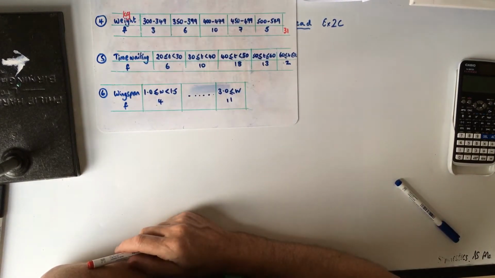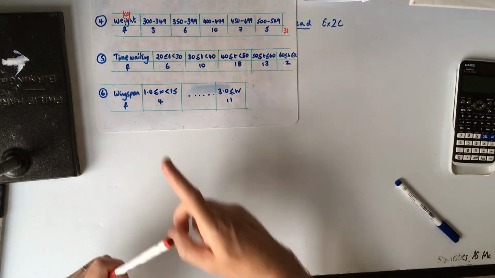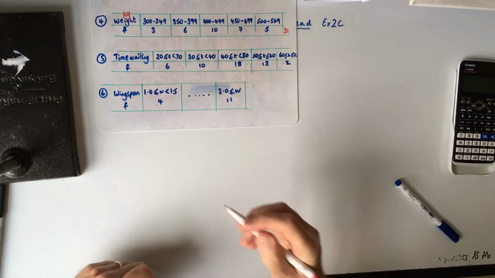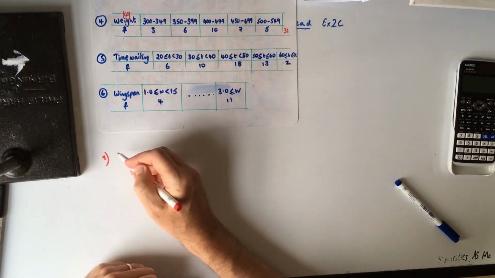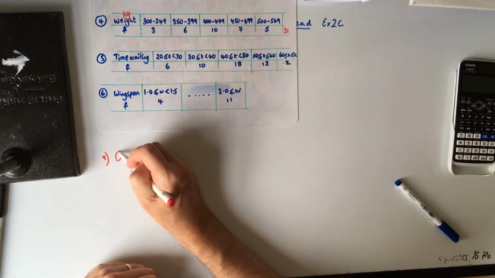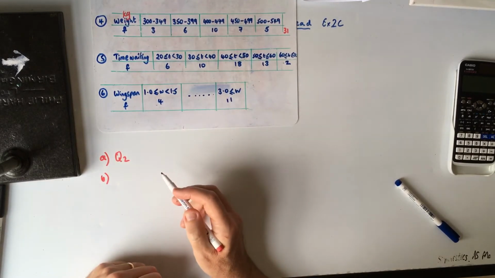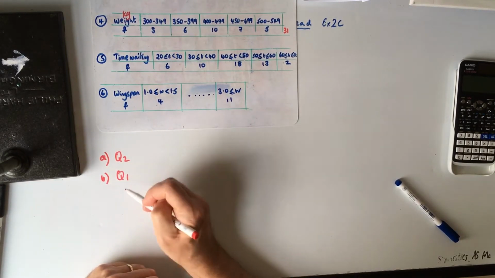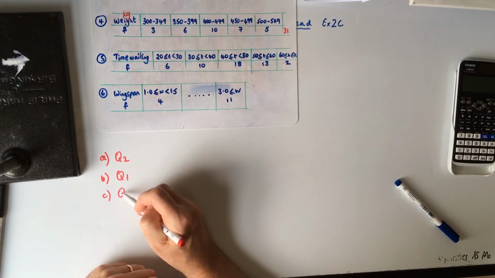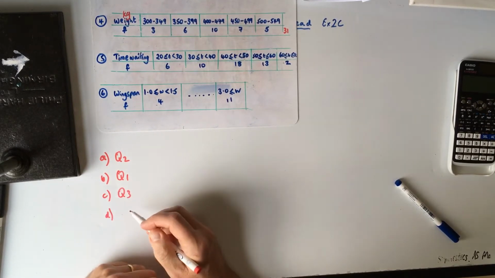We've got to find an estimate for the median. Question A says it wants the median. B says it wants the lower quartile. C says quartile 3, and D says interpret the meaning for part C.